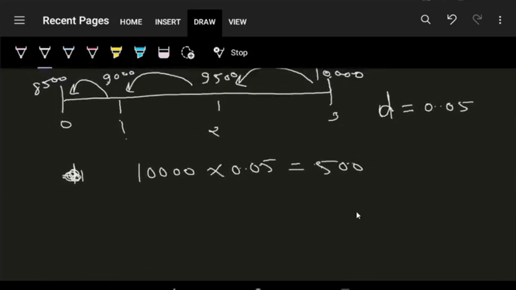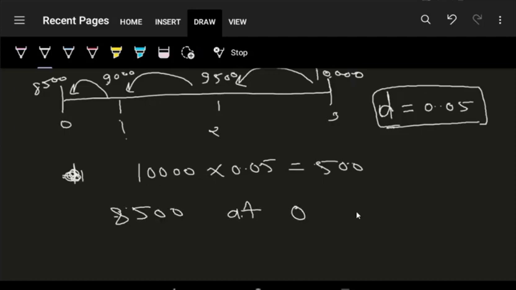So in order to earn a type 2 interest of 5%, I will get 8,500 at time 0, and I will have to pay 10,000 at time 3.